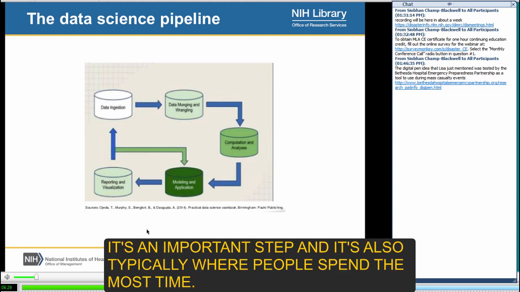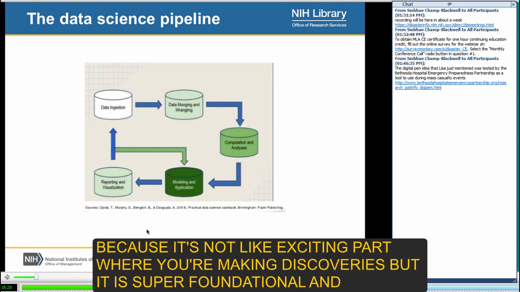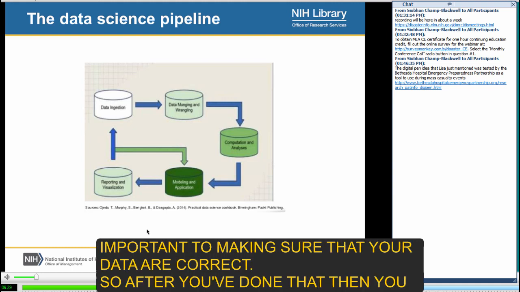So it's an important step, and it's also typically the one where people spend the most time. About 80% of the work in most data science is this data wrangling, which is frustrating to people because it's not the exciting part where you're making discoveries, but it is super foundational and important to making sure your data are correct.